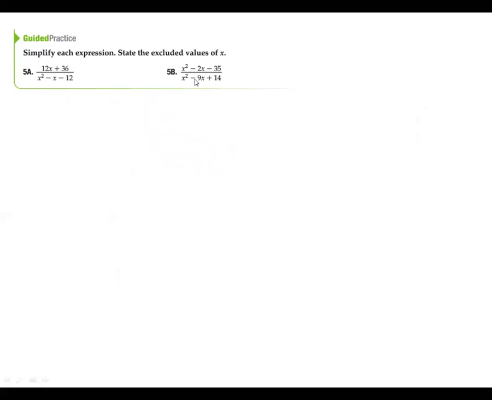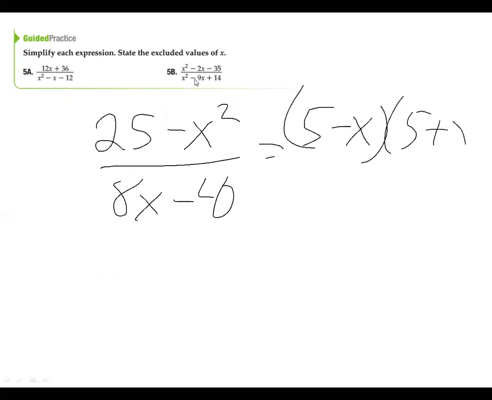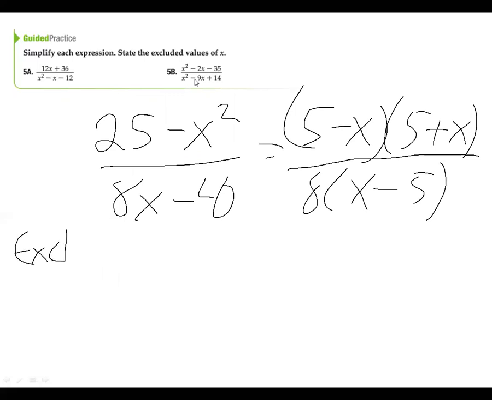Now, what if I had 25 minus x squared over 8x minus 40? When you factor that, you'd have 5 minus x times 5 plus x all over 8 times x minus 5. The excluded value would be x equals 5, so x not equal to 5.